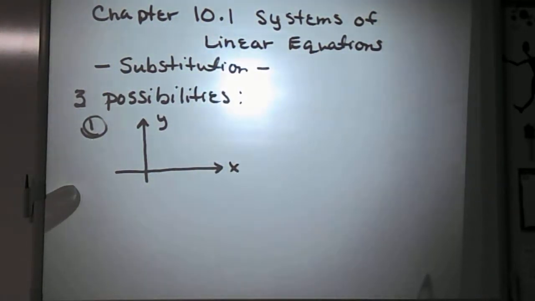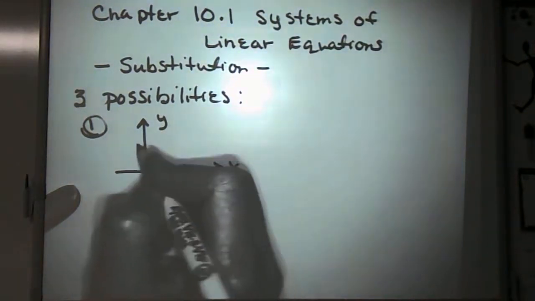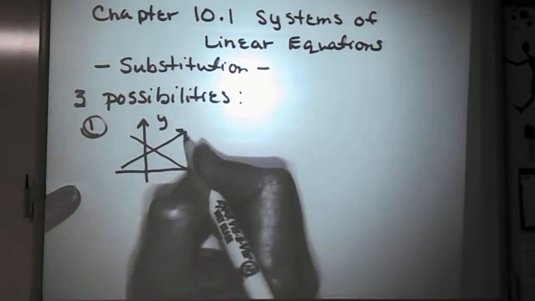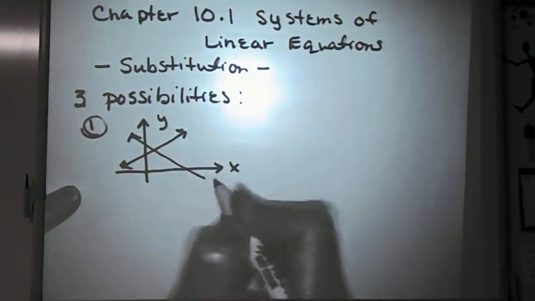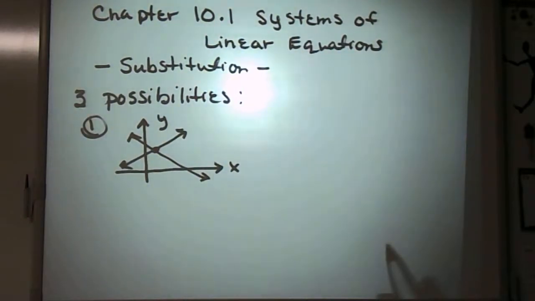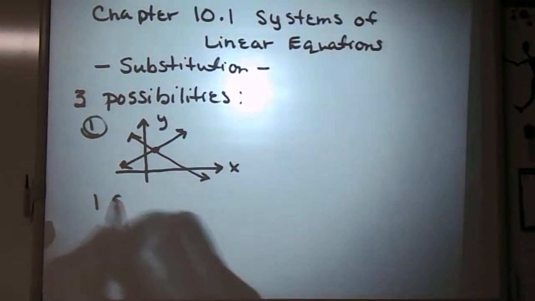Okay, we have two lines that intersect. They have one solution, don't they? And the intersection point is the one solution.